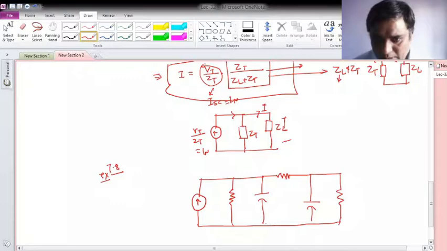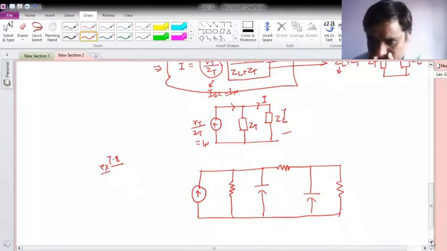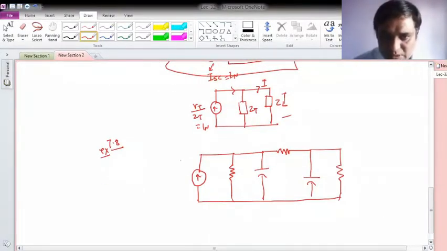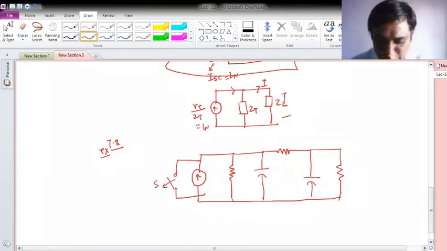These are connected. Okay, and suppose here there is a switch. Okay, and this is open at t equal to 0.